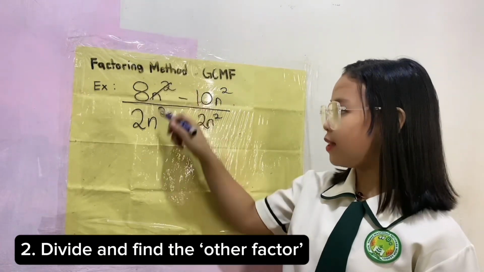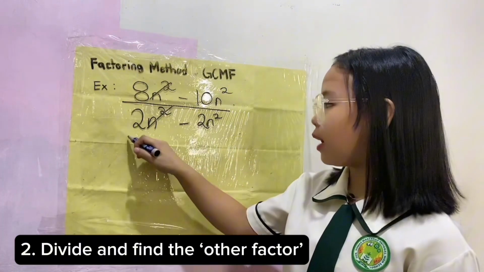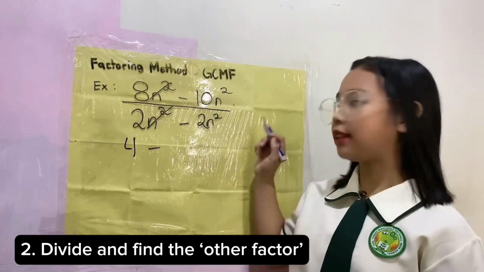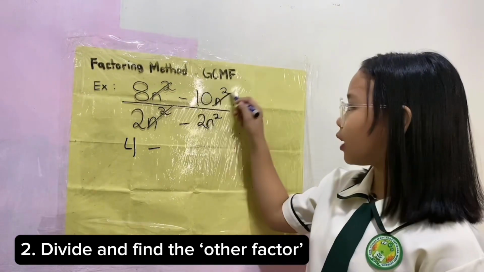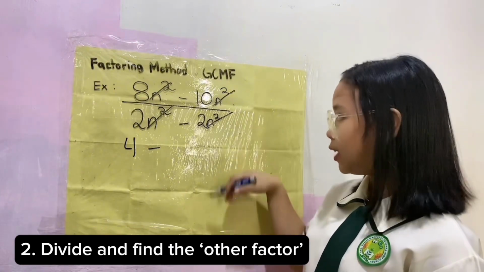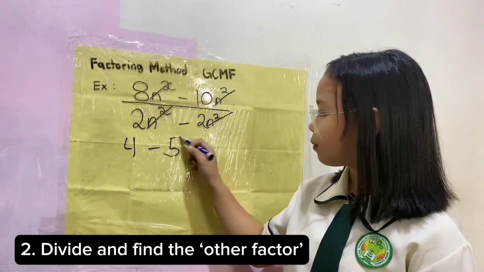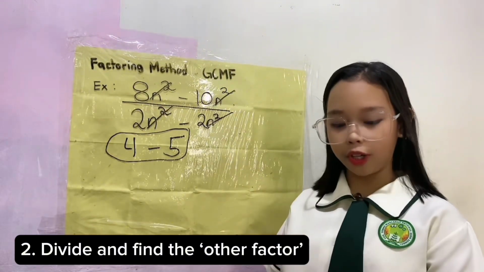We have to cancel this out because they're common. And then 8 divided by 2, we have 4 minus, and then 10n squared divided by 2n squared, we have to cancel this out too because they're common. And 10 divided by 2 is 5. Alright, so this is now our other factor.